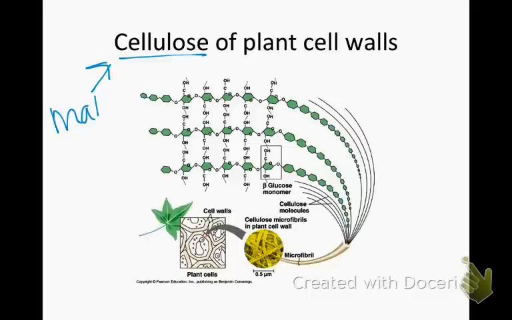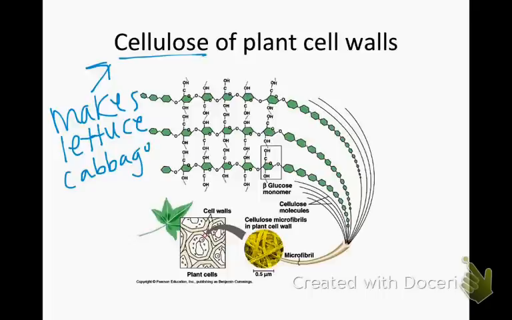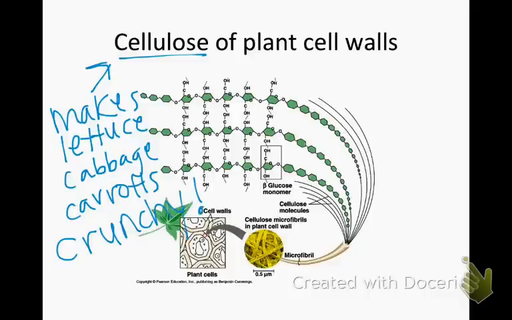It makes, let's see, things like lettuce, cabbage, carrots. We could name endless things. Crunchy. This is what makes things crunchy. Be thankful for cellulose. Think about chewing on mushy lettuce.